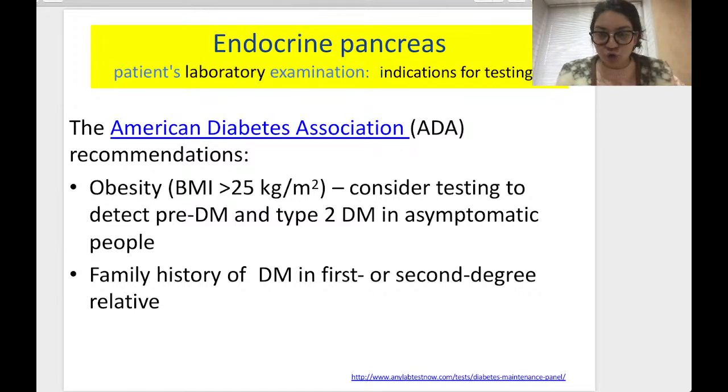And what I want to talk about: I told you that 90% of all patients have diabetes mellitus type 2. What is typical for diabetes mellitus type 2?